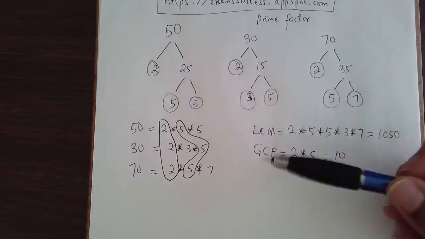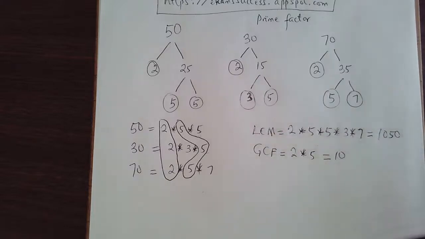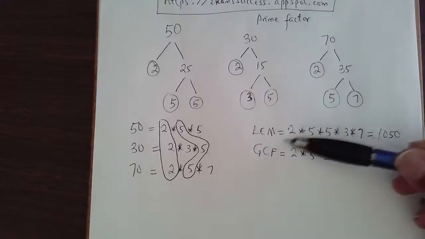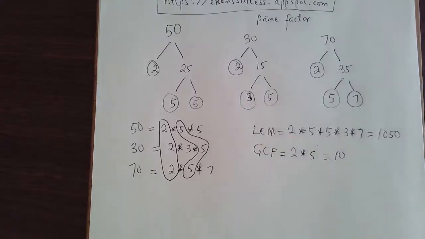Okay? So with the least common multiple, it has to be a common multiple. Common means the numbers have it together, they both have it, or they all have it.